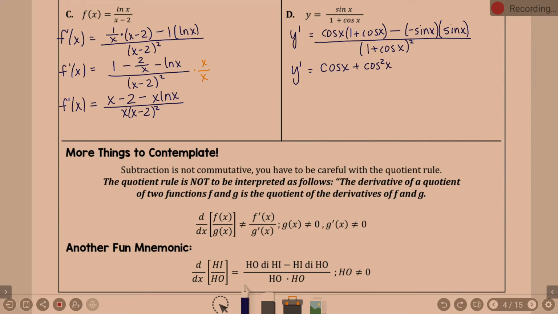Cosine times 1 is cosine, plus cosine times cosine is cosine squared. Then what? Minus times negative is going to make it plus, sine times sine, plus sine squared x. All over, I'm just going to leave it as 1 plus cosine x quantity squared.